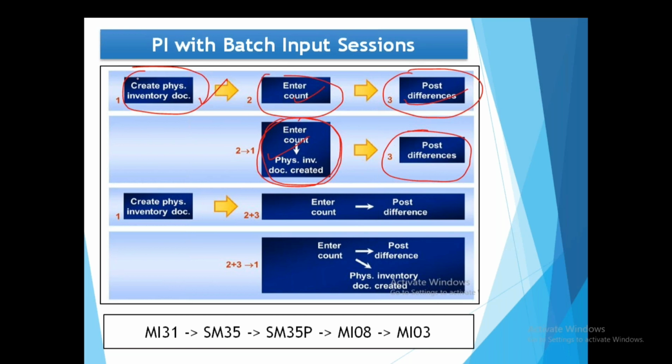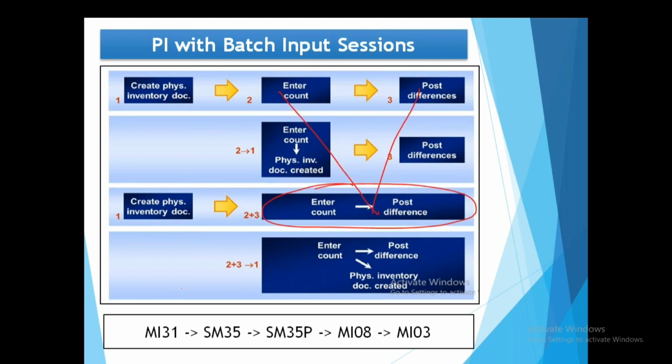With batch input session you have the option of clubbing the phases as per your requirement, or you create the physical inventory document, then you enter the count and post the differences at the same time. So you are clubbing phases 2 and 3 into one phase.